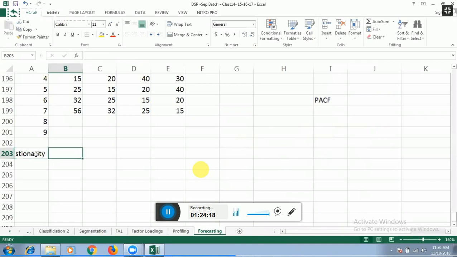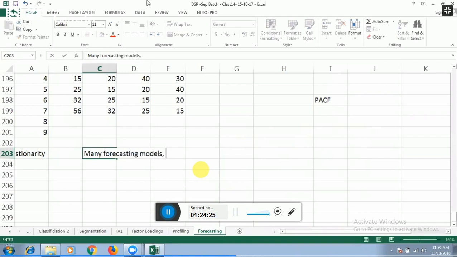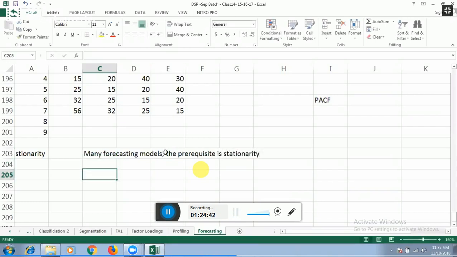Many forecasting models have stationarity as a prerequisite. If the series is stationary, there is no problem. But if the series is not stationary, what do we need to do?